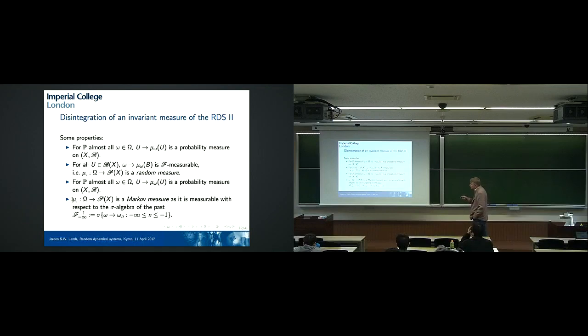Technically speaking, we talk about a random measure in this sense. This map from omega to mu omega, sorry, it should be u here, is measurable, like usually we want everything to be measurable, otherwise we don't really know what to do with it. So this is a random measure. This is also satisfied P almost all omega.